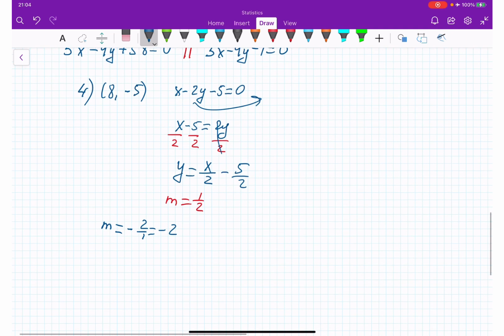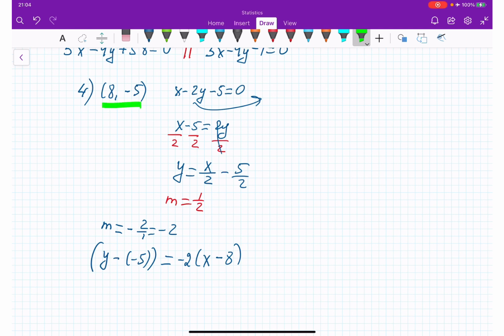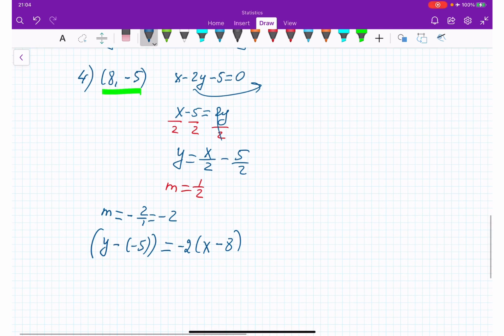So from here, y minus y1, which is negative 5, equals m, which is negative 2, times x minus 8. I use these points as x1 and y1. So y plus 5 equals, let's distribute, negative 2x plus 16.